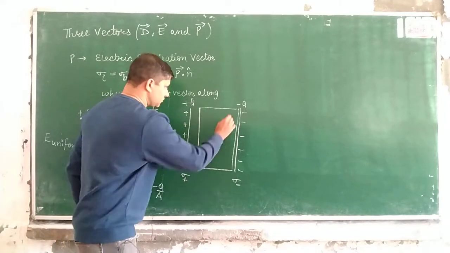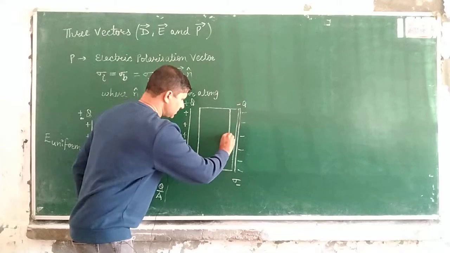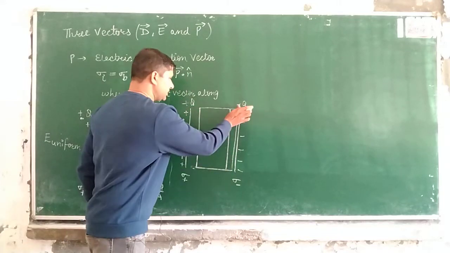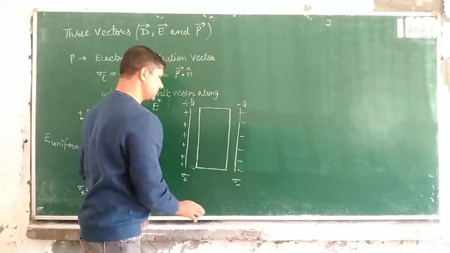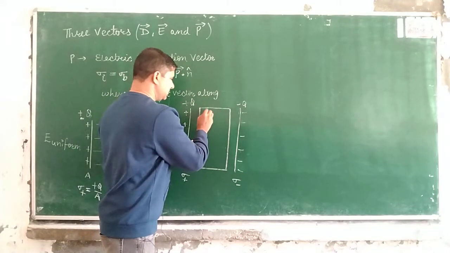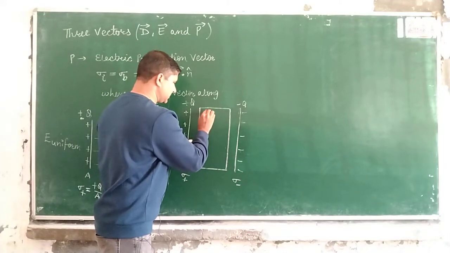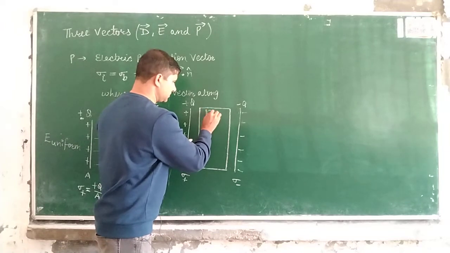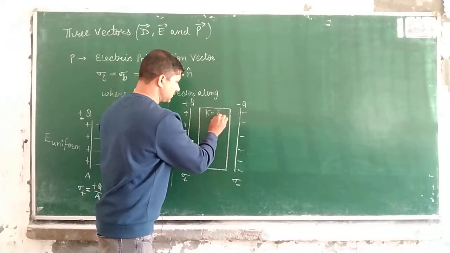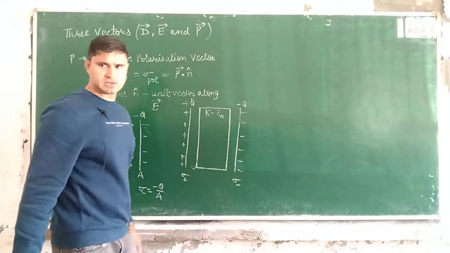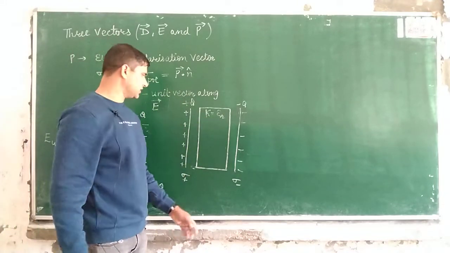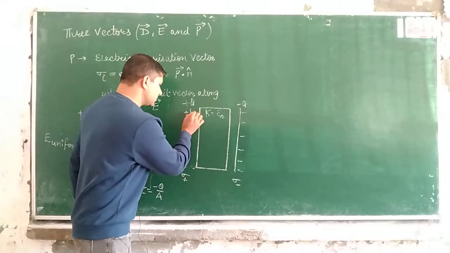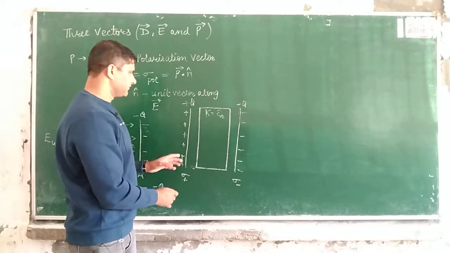So you can see here the space in between the plates is filled with a dielectric, and this material has dielectric constant K. This is also known as relative electrical permittivity, so this is epsilon R. So what will happen now?